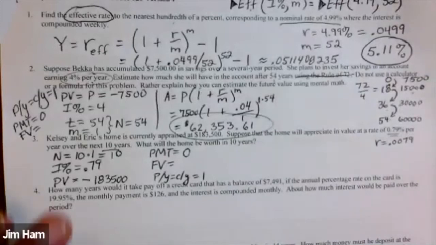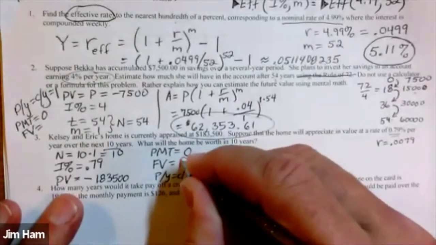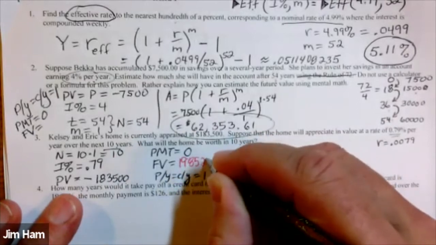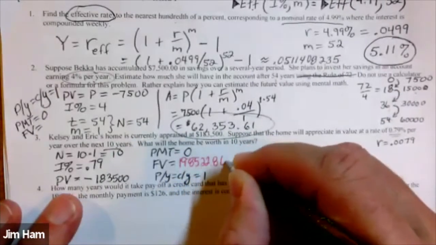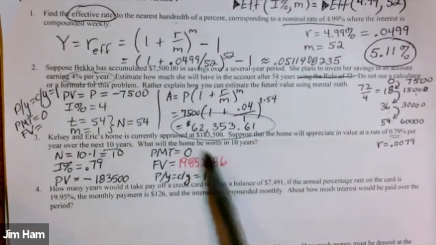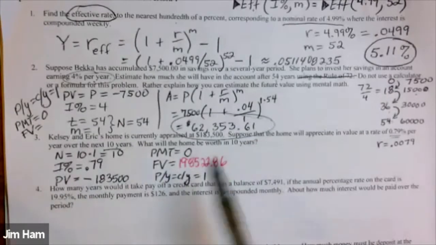All right, so this number is 19852.86. Okay, now let me just explain how I'm going to grade this. If this is all you give me, this right here, you've shown all the work to get the correct answer, but you have not identified the correct answer.